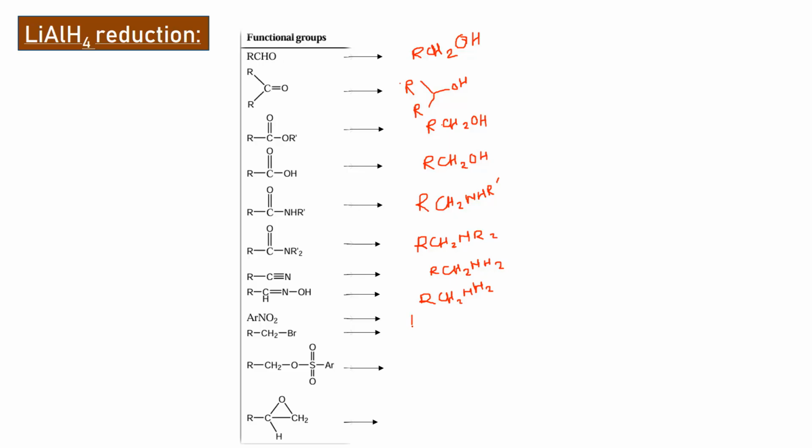If you add LiAlH4 to an aromatic nitrile or nitro group, it will form a hydrogen type of complex.